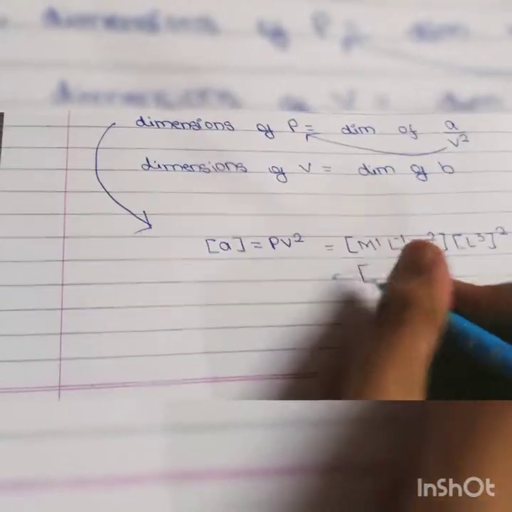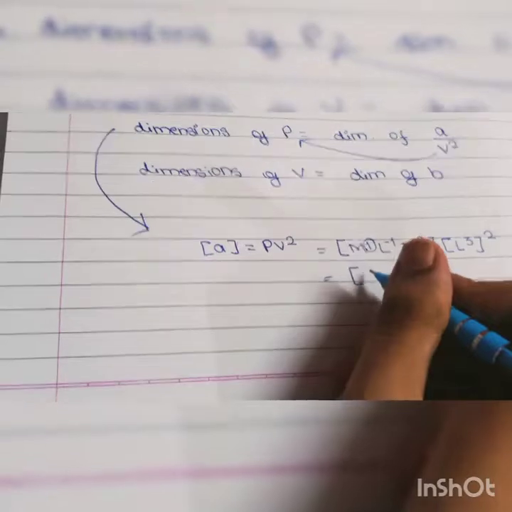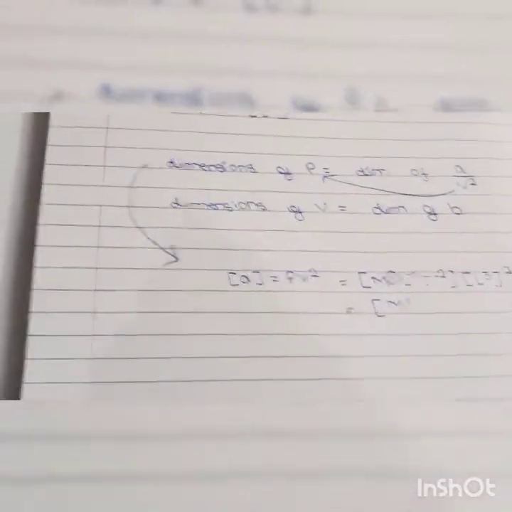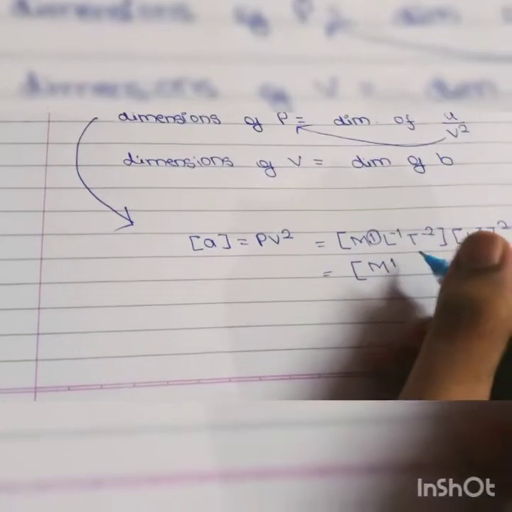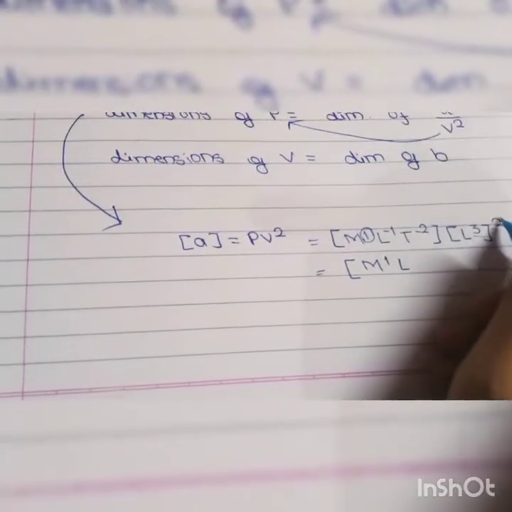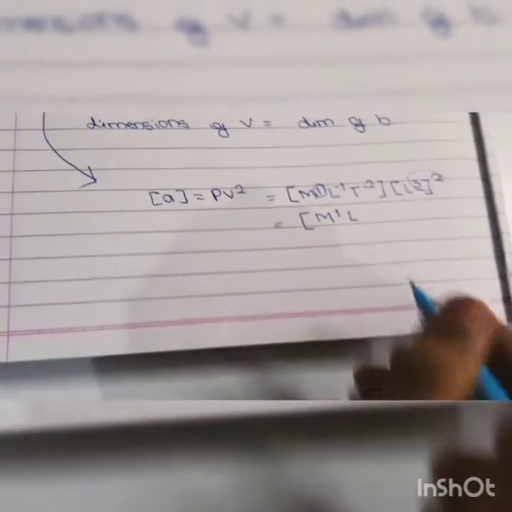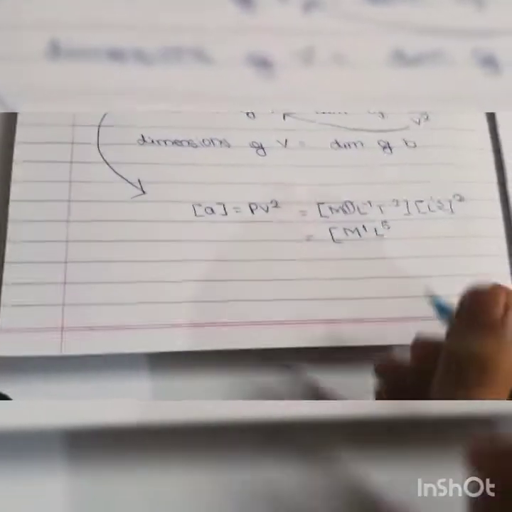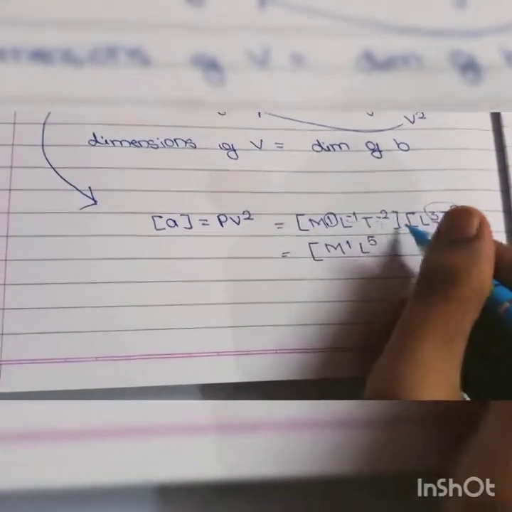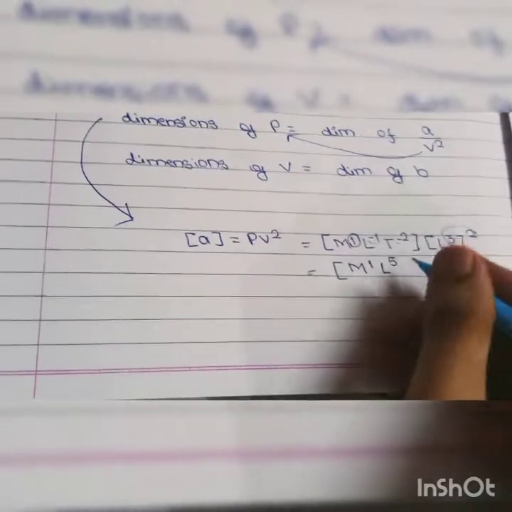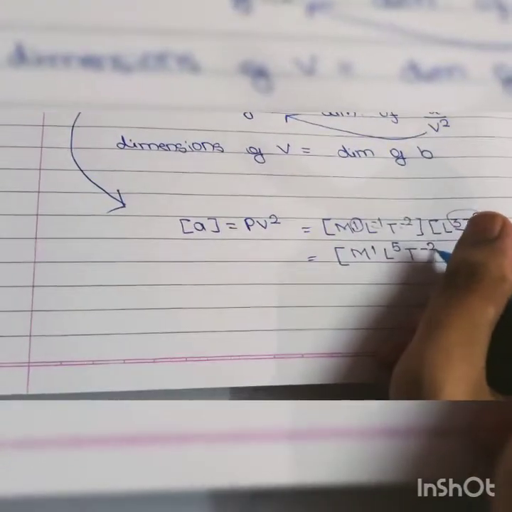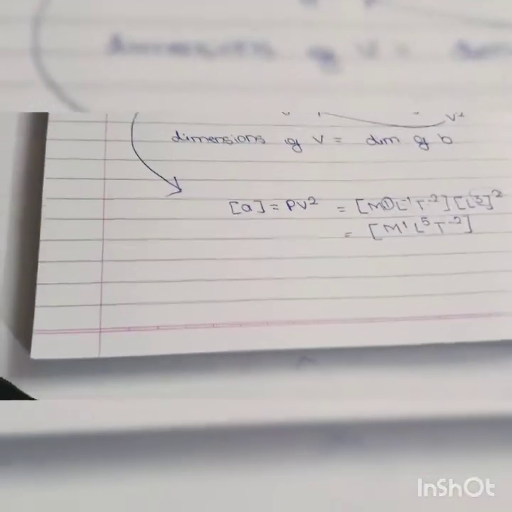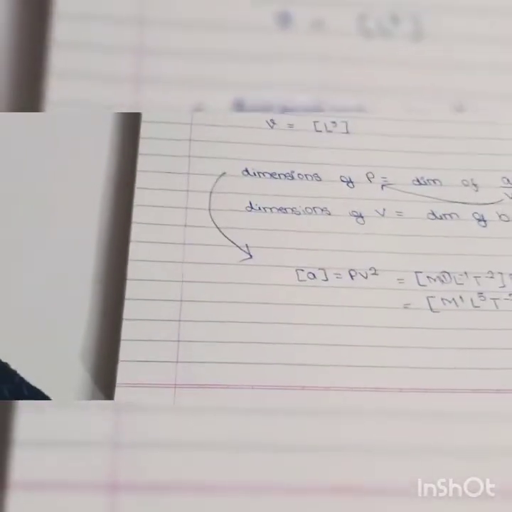If we solve, M1 will be there only. L to the power 6 and L to the power minus 1, so L to the power 5. T is absent in volume, so T to the power minus 2.